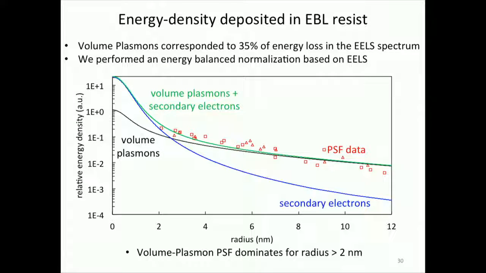And then here I plotted the lithographic PSF data against the sum of the volume plasmon effect and the secondary electron effect. This is the green curve, and you can see that this green curve has relatively good agreement with the lithographic PSF data. So for this range from 2 to 12 nanometers, I would say that in HSQ, volume plasmons are more limiting than secondary electrons.